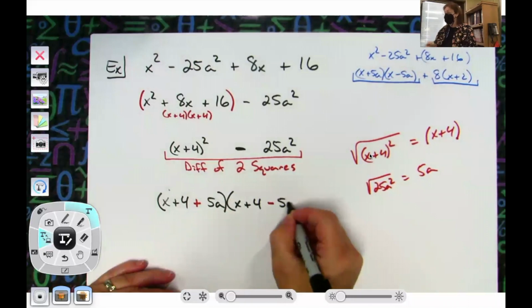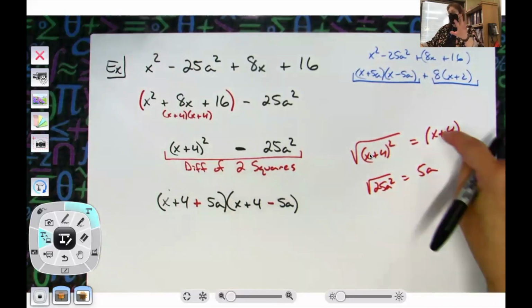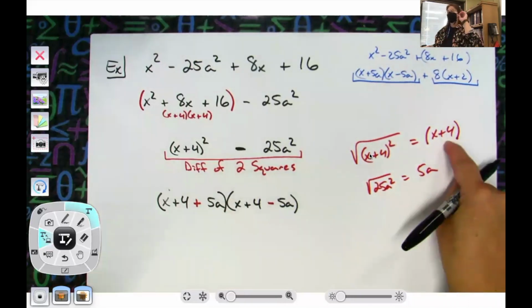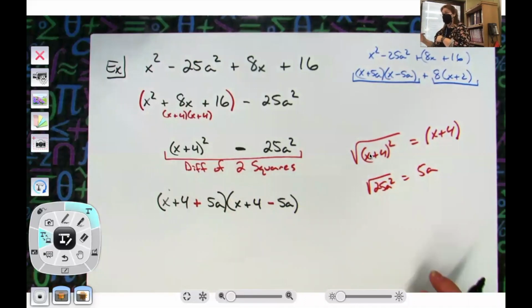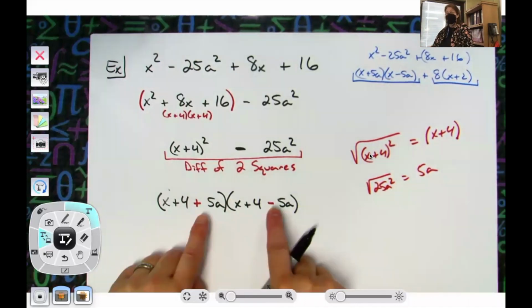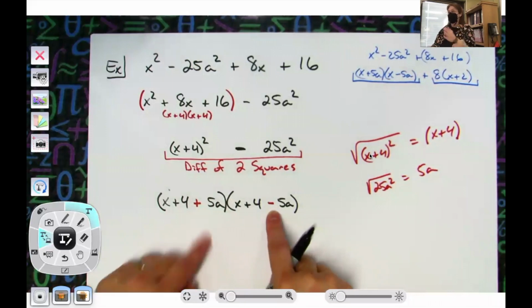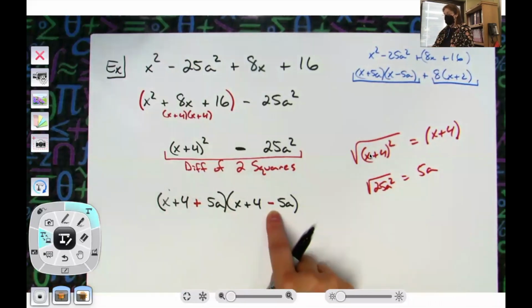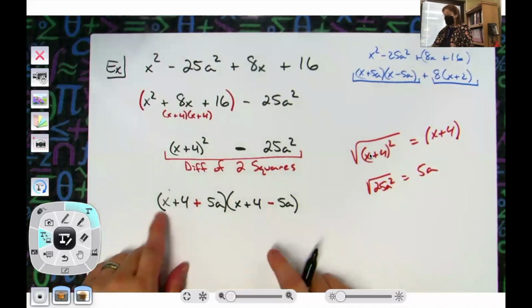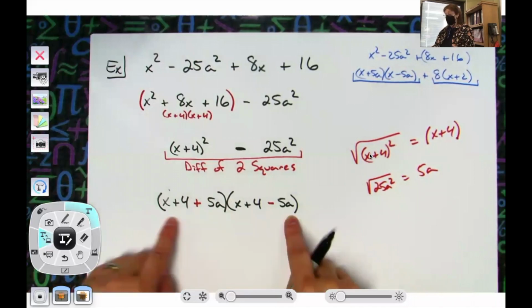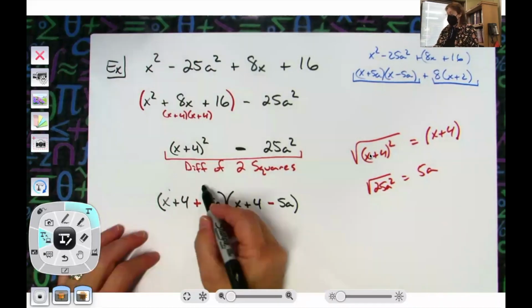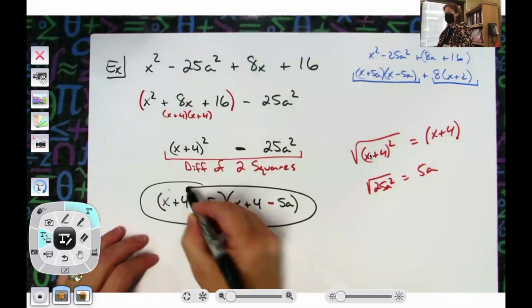We take the first square root and add it to the second square root, and then we take the first square root and subtract the second square root. So this plus or minus right here is us doing the standard x plus 4, x minus 4, the difference of 2 squares. Now, these do not have any like terms in them, so that is the factored form of this right here.